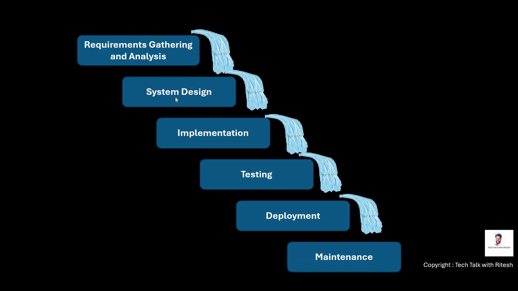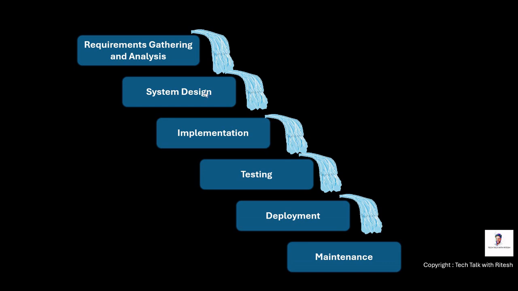We cannot move to system design until the requirement gathering is complete. We cannot move on to the implementation phase until the system design is complete. We cannot move into testing, deployment, and maintenance until the previous phase is complete. That's why it is called waterfall, because just imagine a waterfall. The water is flowing from upside to downside. Until it completes this step, it won't reach the next step.